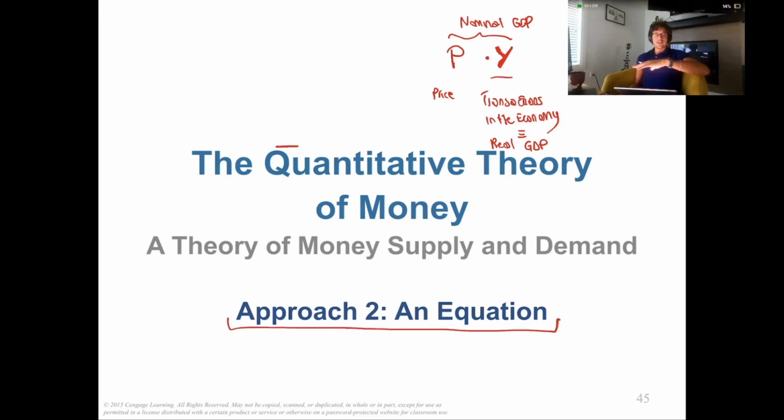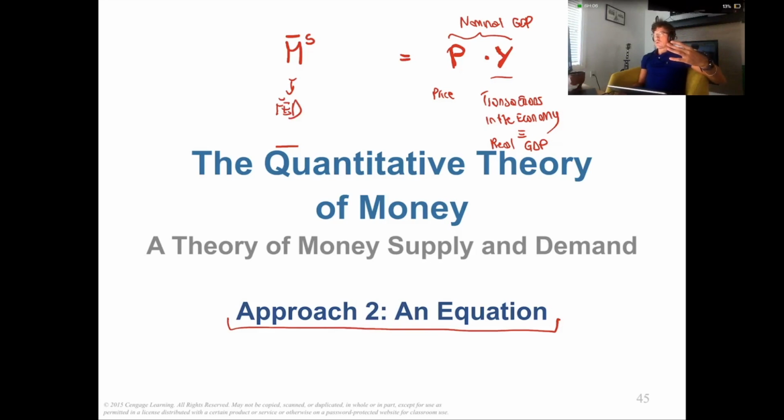We are not in a barter economy; we are in an economy that has money. So what is the value of this transaction in terms of money? P. So this is the nominal GDP, the whole amount of transactions that have to be made in this economy. Now, let's suppose that the Federal Reserve supplies this amount of money, MS. And this is given. It's controlled by the Fed.